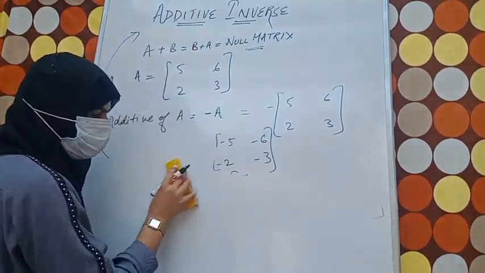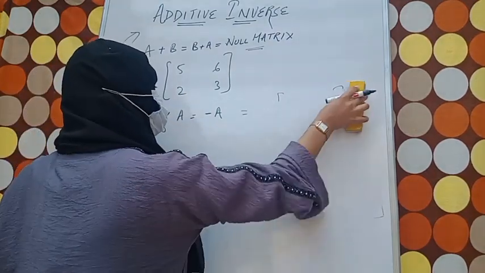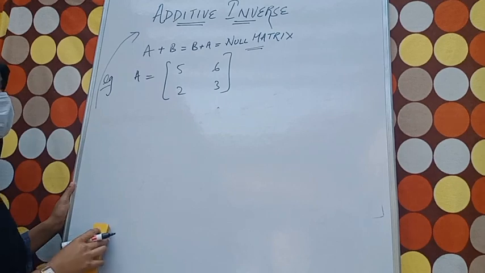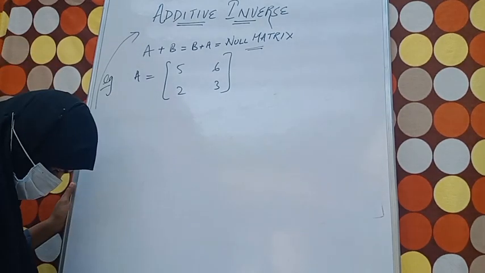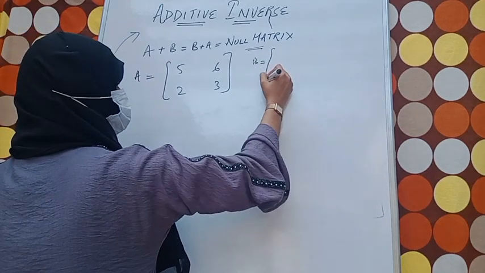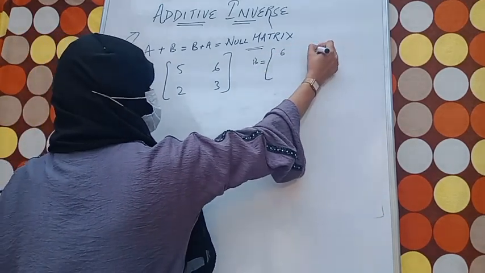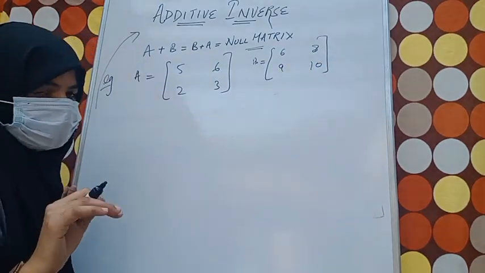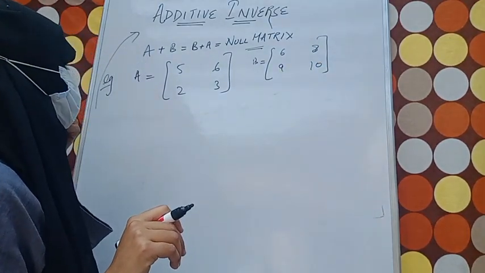For the single one you understood. Now for the two cases I told, A plus B equals B plus A equals the null matrix. Suppose I say B equals 6, 8, 9, 10. Now what will happen?